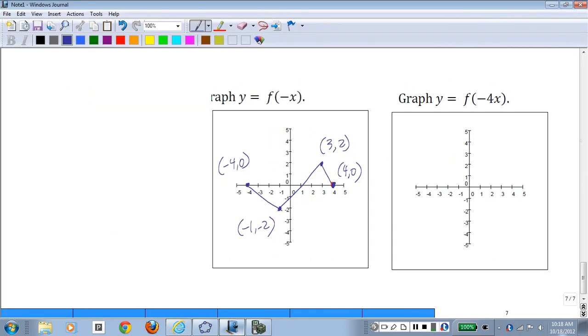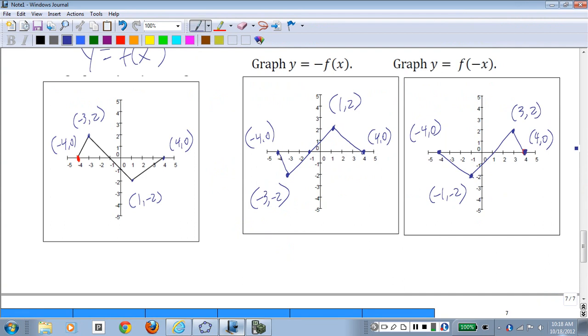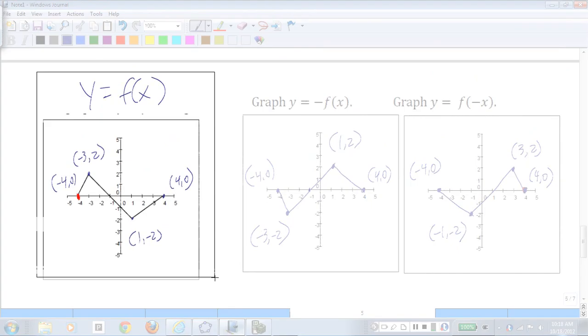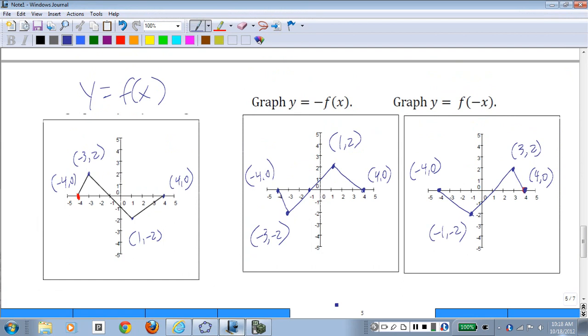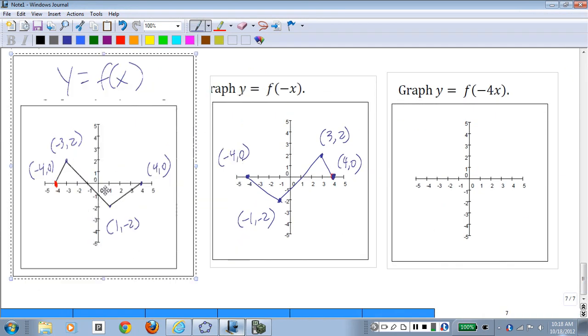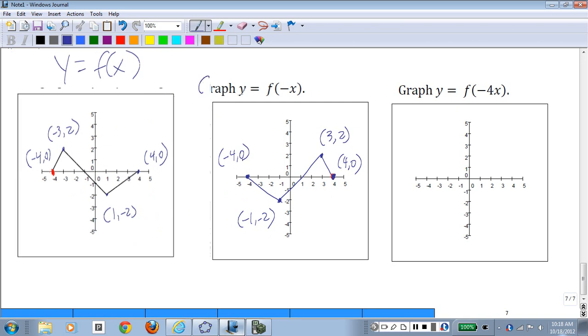So I'll look at the modified version right here. This is the original that we would have started with, and put that here. So it's two steps. First, we reflect it about the y-axis, and that gives us the graph of y equals f of negative x. And then from there, we need the graph of y equals f of negative 4x.